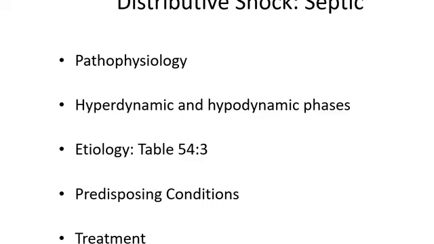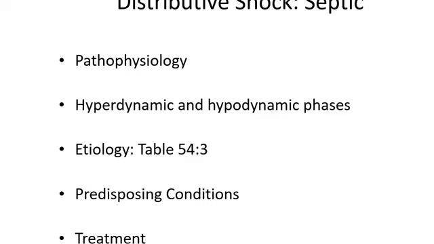There is a table in Chapter 54 that gives you the etiology of septic shock. Any kind of infection that a patient is unable to fight off because of predisposing conditions. Some of those predisposing conditions can be malnutrition, large wounds, deep decubiti, patients who are immunosuppressed, such as those who have malignancies or are on chemotherapy, any kind of UTIs, pancreatitis.